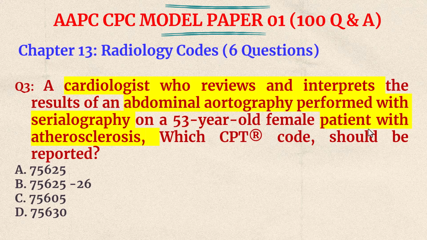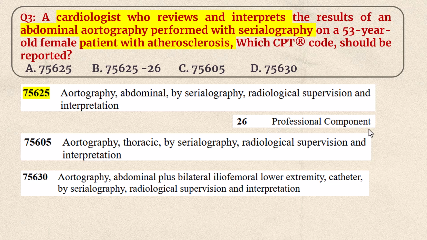Directly go to the codes. 75625 is aortography, abdominal, by serialography, radiological supervision and interpretation. This is exactly matching the scenario here. So the correct code is 75625.